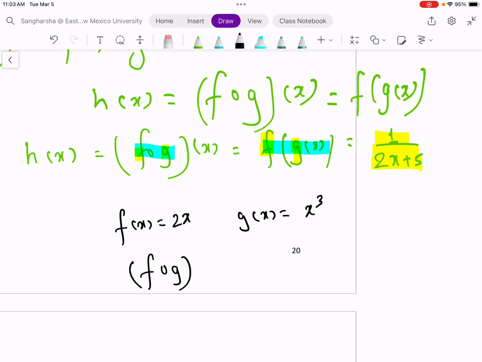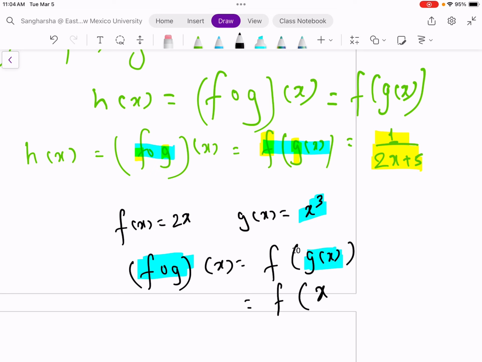Okay, now how do we find f composite g? Let's see what is f composite g here. So the definition is f of g of x. The very first thing we do is substitute for g of x. When we find the f composite g, we substitute our g of x at first, which is x cube here. So we have f as it is and x cube.